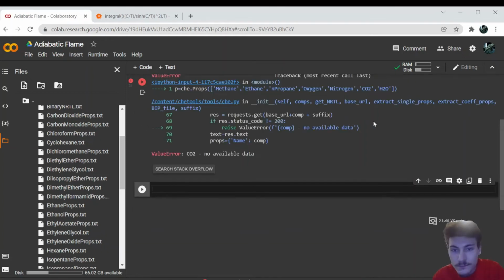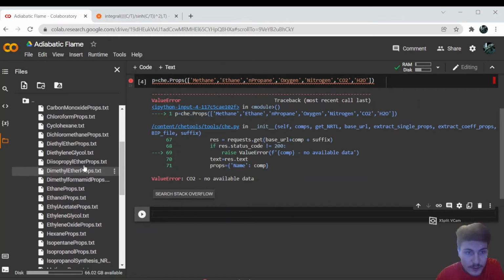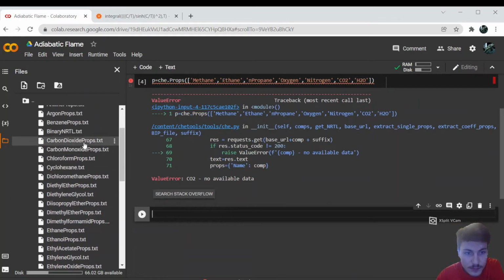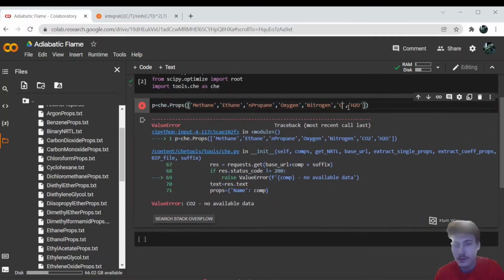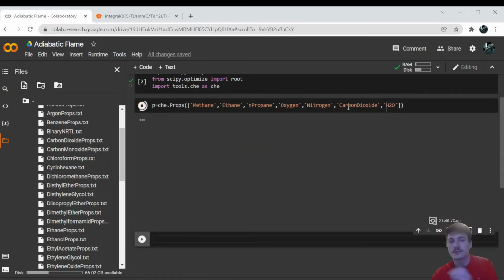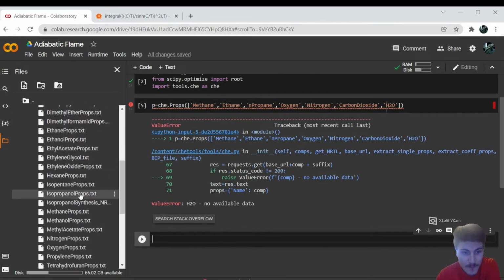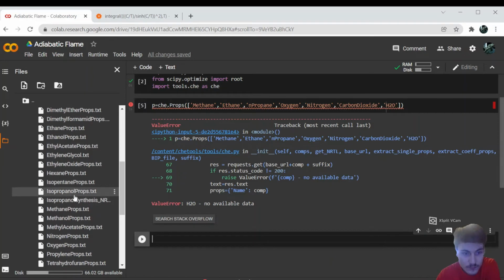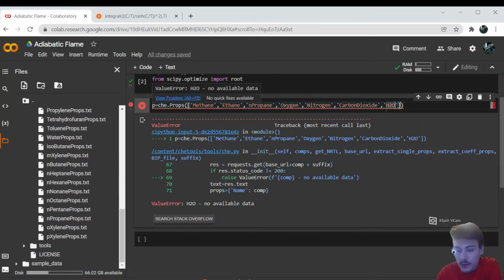CO2, no available data. So we'll see what it is. Okay, I was wrong. Carbon dioxide, that's what it is. So we'll put that in, and hopefully it works this time. H2O. Or is it just water? Okay.